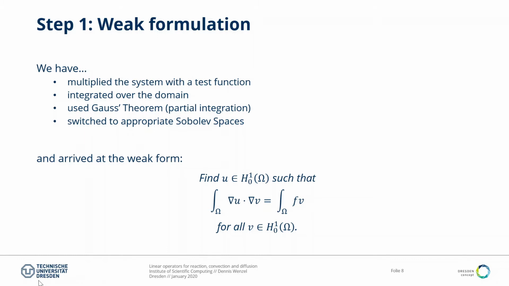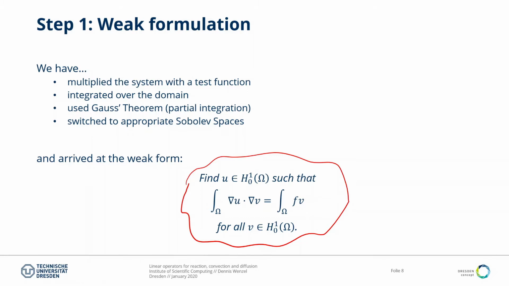Okay, so you probably remember all the steps. If not, please go back to the lecture about weak formulations and try to verify all those individual steps that led us here. And if we talk about the weak formulation for Poisson's problem, then it's always this. Depending on the boundary condition, it might sometimes be U and V in H1 without a zero, but in these standard cases, we're talking about Dirichlet boundary conditions, so H10 as the appropriate space.